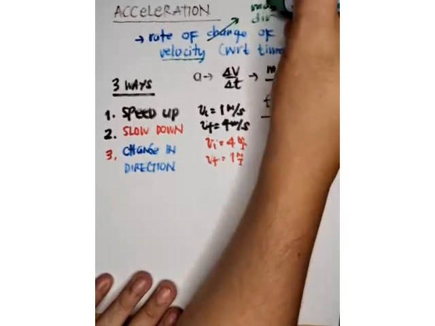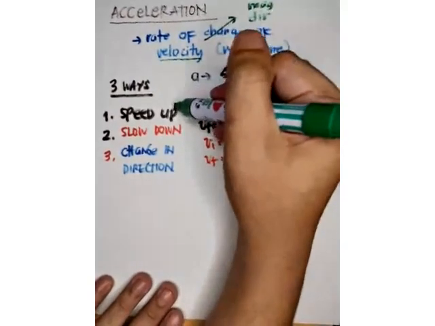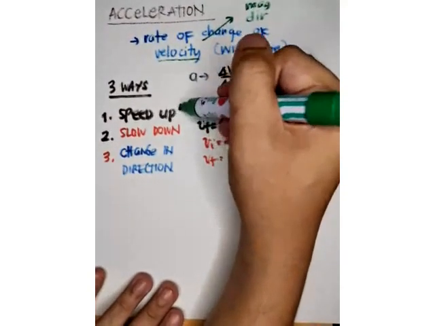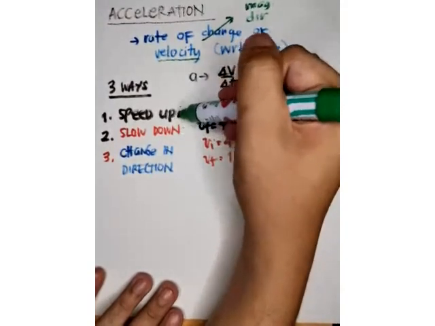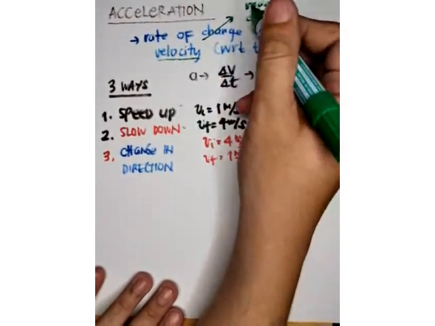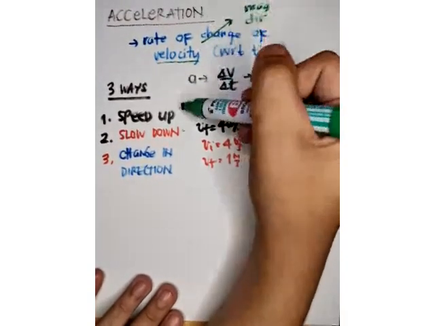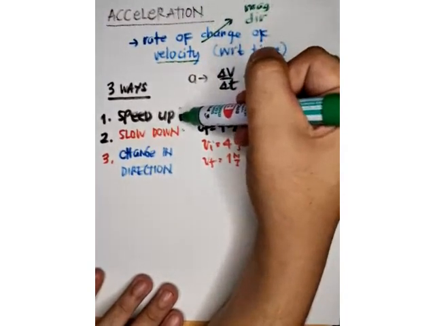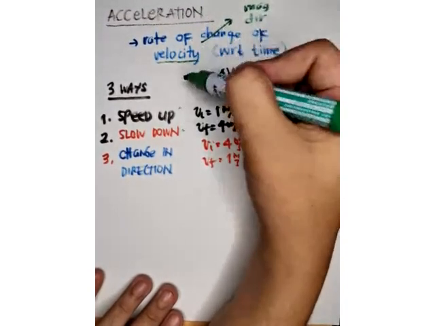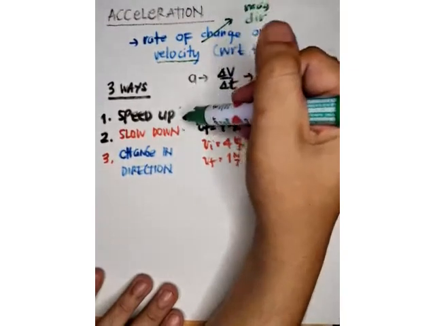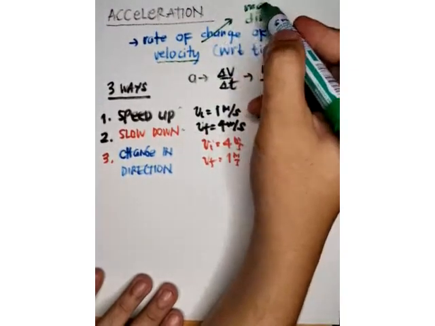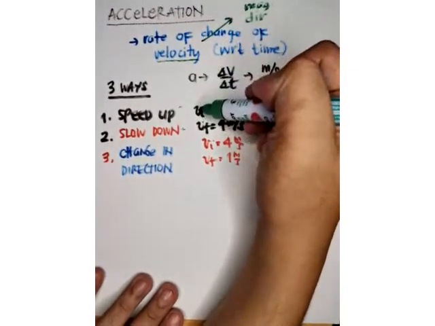Kasi nga, nagbago yung magnitude. At yung unang dalawa, yung speed up at saka slow down, silang dalawa ay nagpe-pertain doon sa change in the magnitude. Okay, so halimbawa dito sa speed up, syempre tumaas yung magnitude niya. Yung slow down naman, bumagal yung kanyang magnitude. Kaya nagkaroon siya ng acceleration.